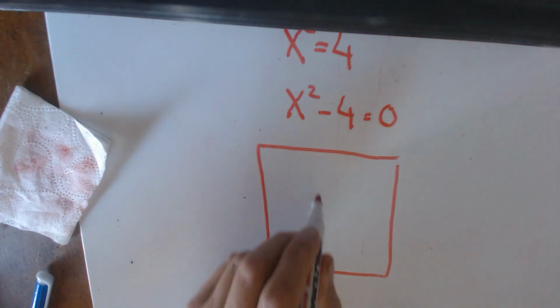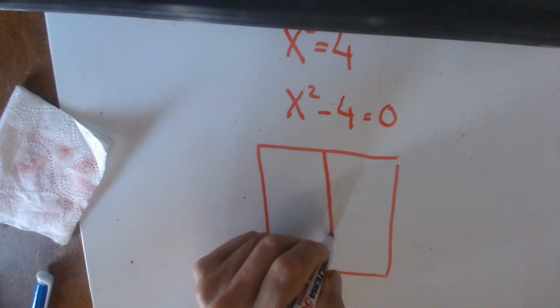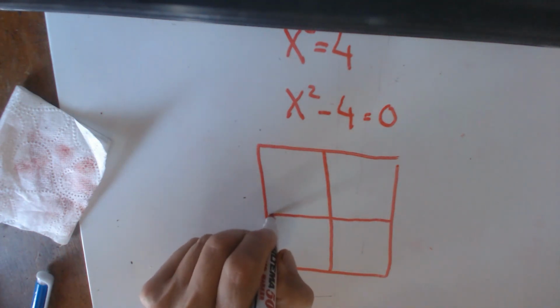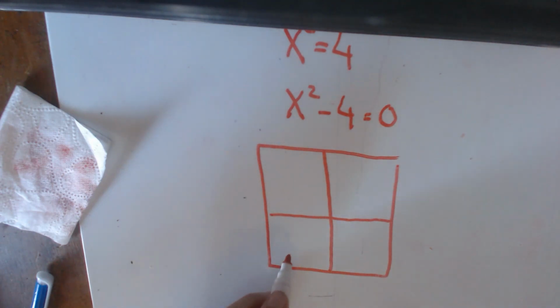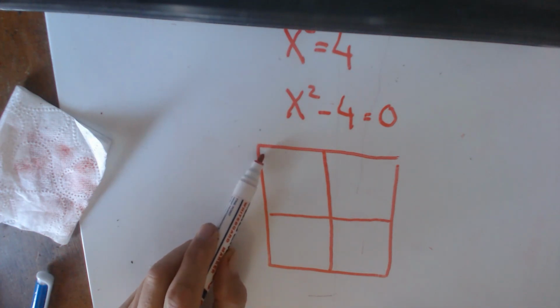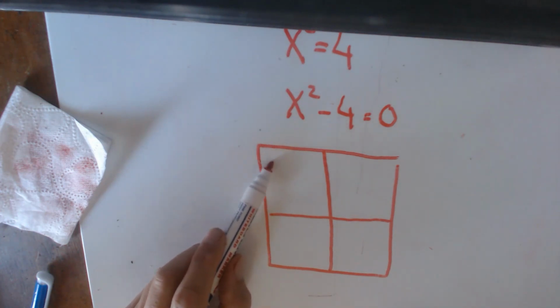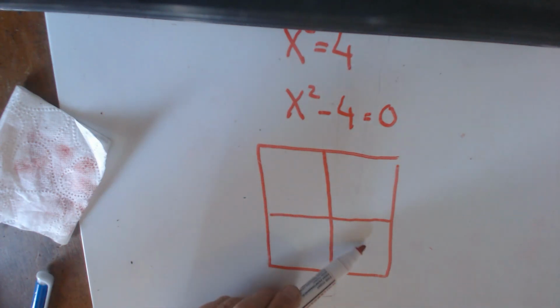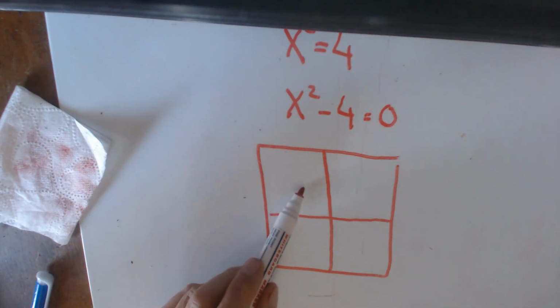You divide that one into 4 minor rectangles, so-called sub-rectangles. And we're going to choose a diagonal here, that goes from upper left to lower right. And this is called the square diagonal.